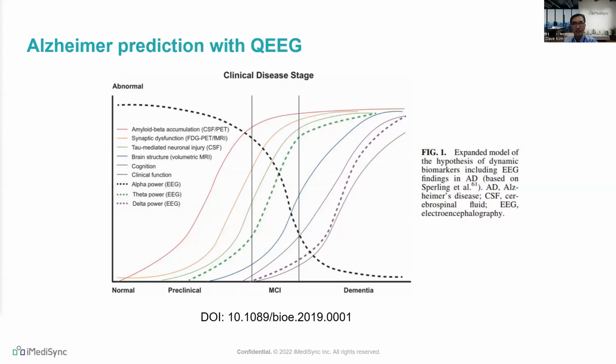cerebrospinal fluid examination, measuring the concentration of amyloid beta, phosphorylated and total tau protein, as well as other proteins, including inflammatory biomarkers, have been shown to be helpful in predicting a patient with MCI and SCD, subjective cognitive decline.